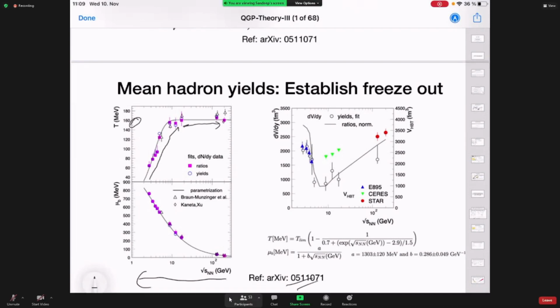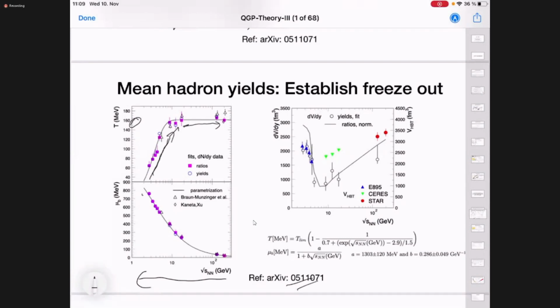For mu_B, the trend is opposite: while the temperature is rising, mu_B is rapidly falling and goes to zero at very high energies. Here we have only up to top RHIC, as it was in 2005.